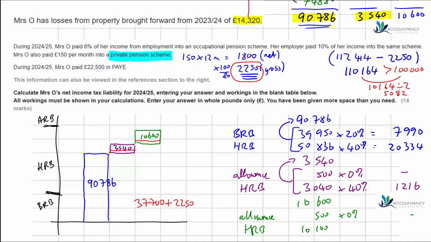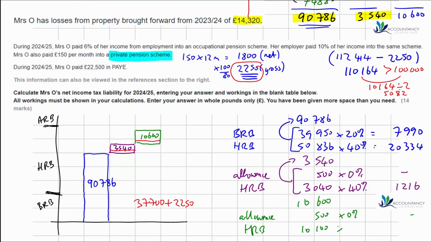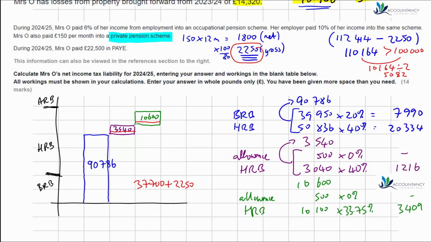Let's have a look at the reference materials. So the tax rate for the higher rate band for dividends, 33.75%. So we multiply that by the 33.75%, and that gives us 3,409.